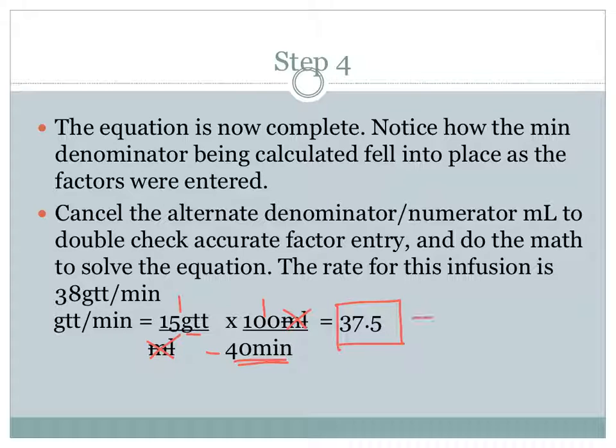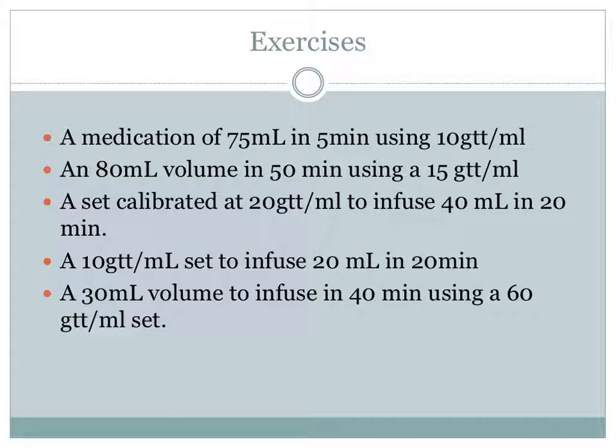However, we need to round to the nearest whole number, and that gives us the 38 drops per minute, as shown here. And that would be the rate for our infusion. Now take the time to practice these exercises. And then after you have done that, return to the slide and we will review.